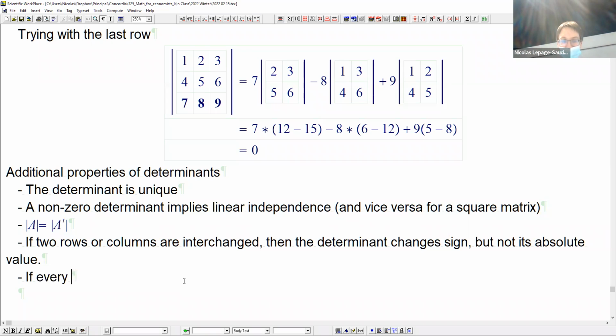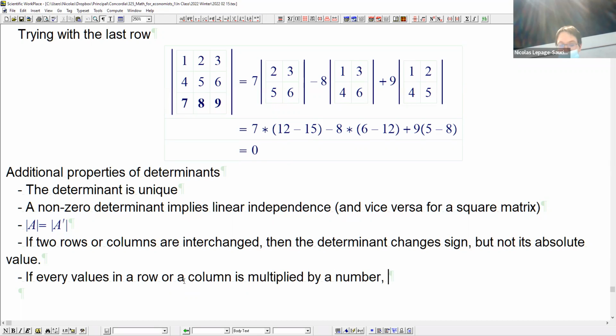If every value in a row or column is multiplied by a constant or scalar, by a number k, the determinant is multiplied by k.